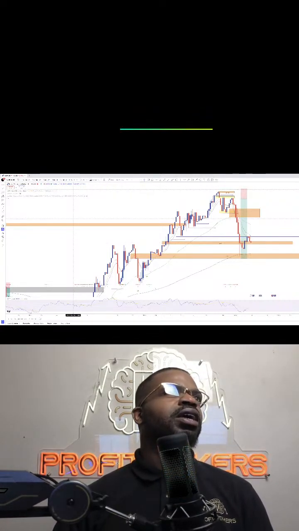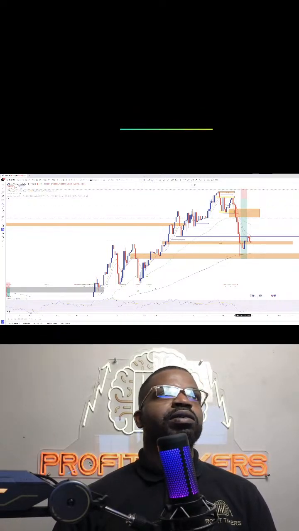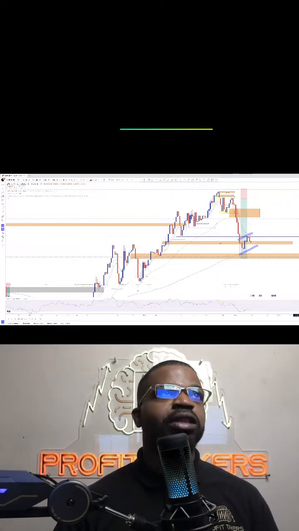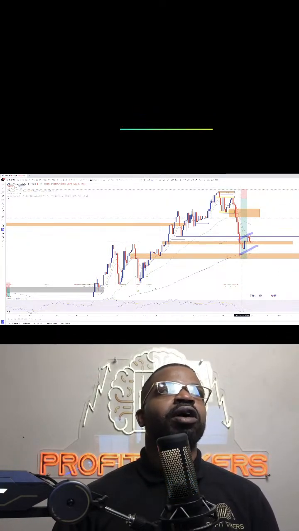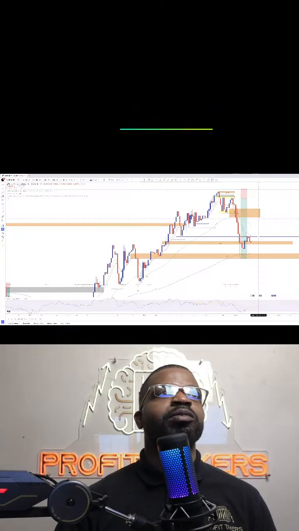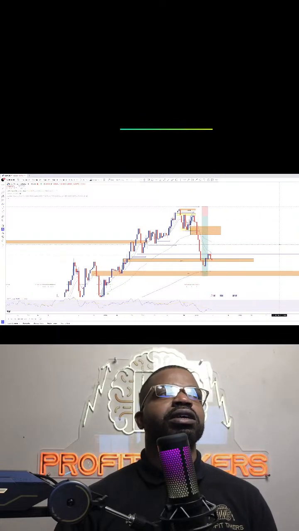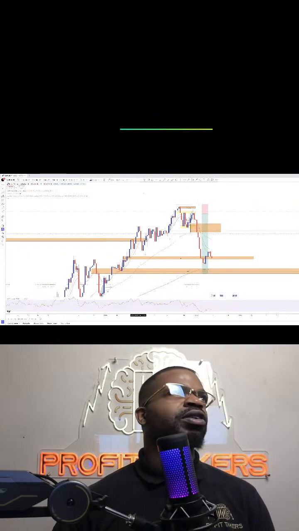So right here we can say that the momentum is still on the bear side. After our TP was hit right here at this area, price pulled back and now it's retesting the R12 and 9-day EMA. So depending on how it responds to this low here, we'll get a clearer picture of what could happen next on Euro AUD.